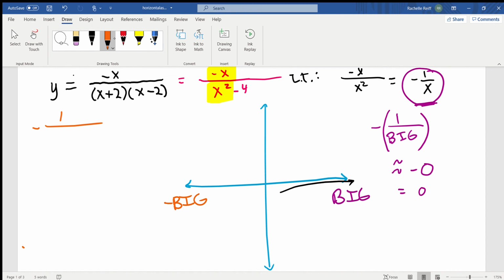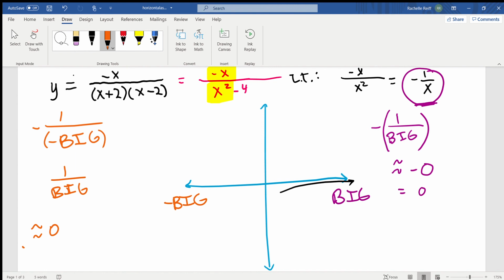It might be negative a trillion, it might be negative a gazillion, whatever. So the point is, we're plugging in a super big negative number. A negative 1 divided by a negative big number is going to be a positive number. Does that really change much? Not really. Because what was 1 over a really big number? It's basically 0, right?